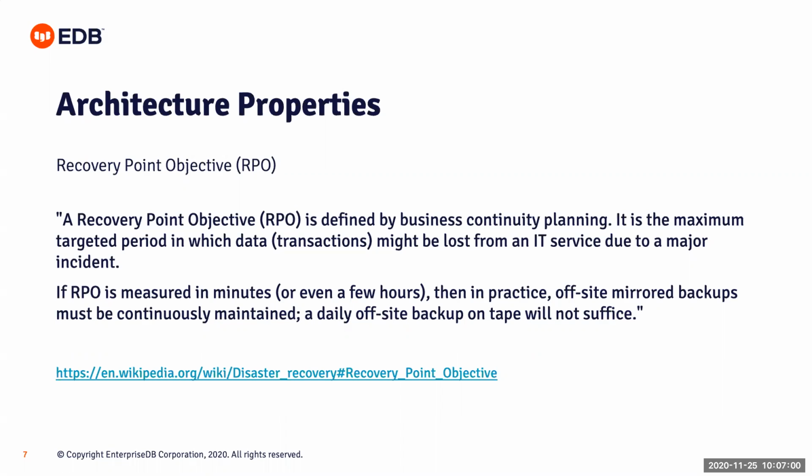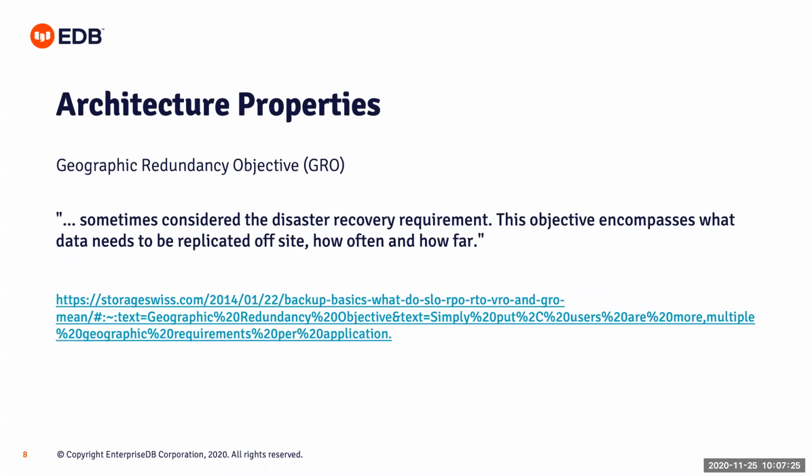All of these properties are in themselves targets, so they inform your choices on architecture. If you cannot accept, for instance, a few hours of data loss, then you need to build an architecture that insulates you from that data loss. The next one is geographic redundancy objective.